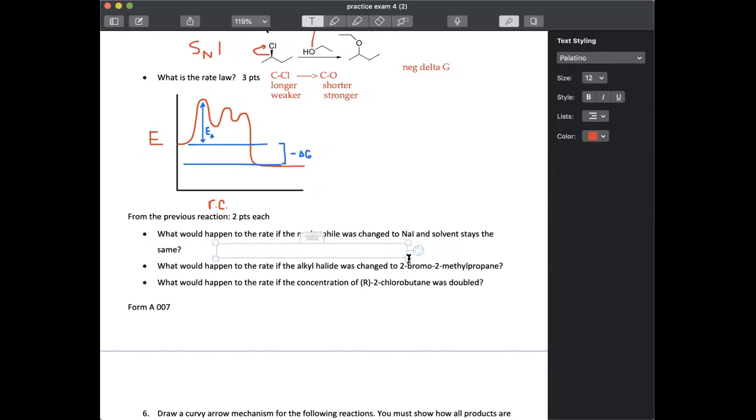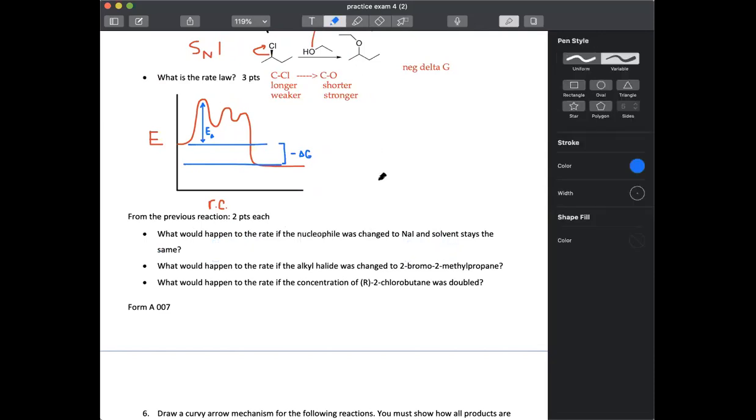Okay, so it is a better nucleophile, but if the solvent stays the same, so we have ethanol as the solvent, and now we change the nucleophile to, let me draw it out, I minus, and we have ethanol.